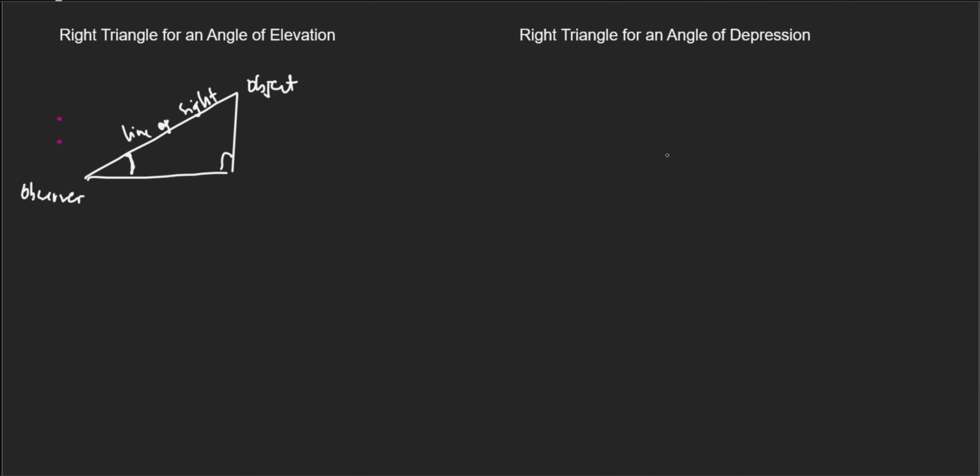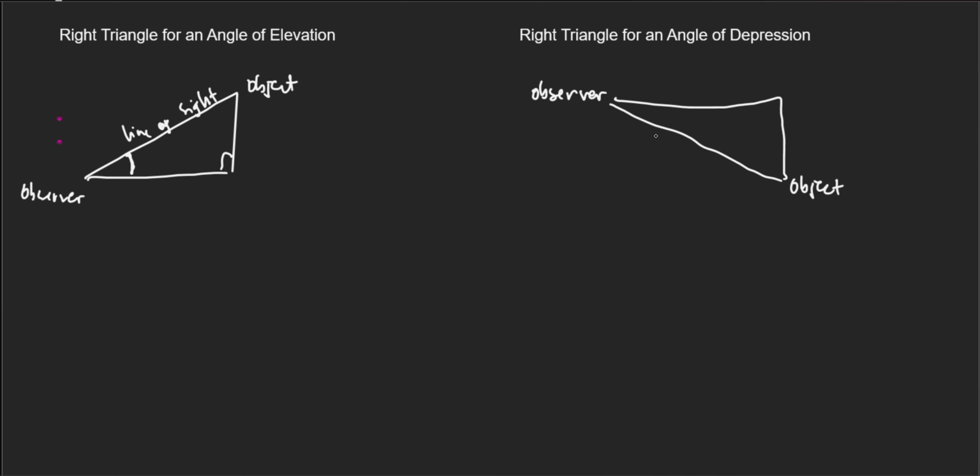On the other side, for the right triangle of an angle of depression, the observer is above, while the object is below. Okay? And we have this illustration.